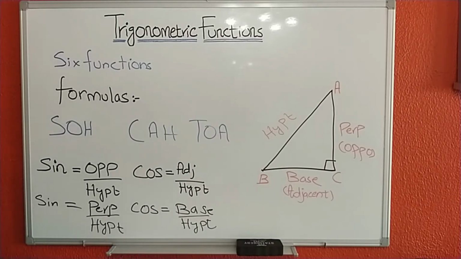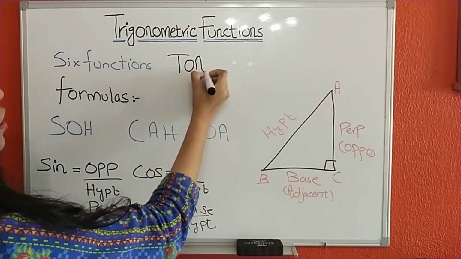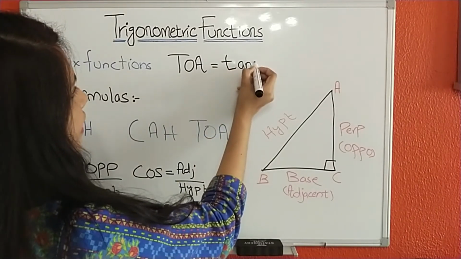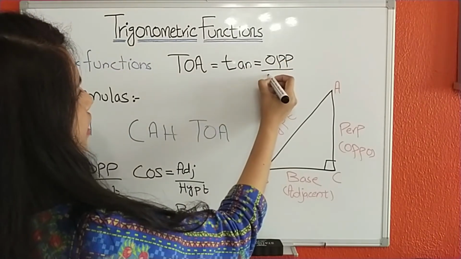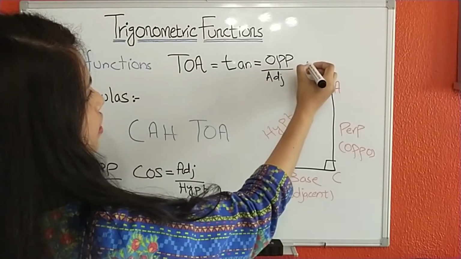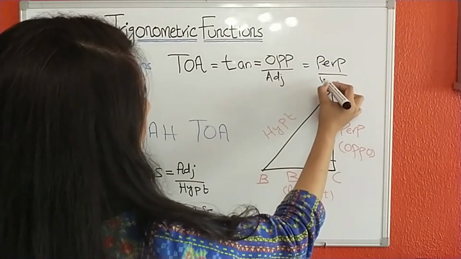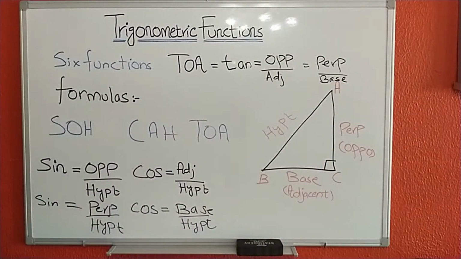What is meant by TOA? T is tan, and tan is equal to opposite upon adjacent side, meaning perpendicular upon base. It is a very easy way to learn these formulas.